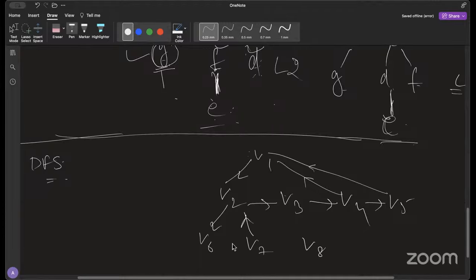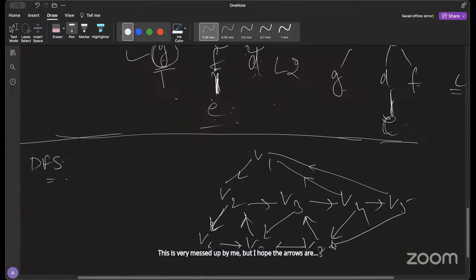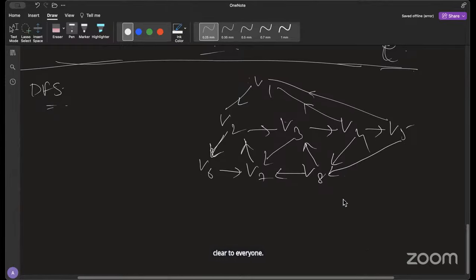It's a directed graph this time. Let's say this is very messed up, I know, but I hope the arrows are clear to everyone where they are pointed. So let's take this graph.